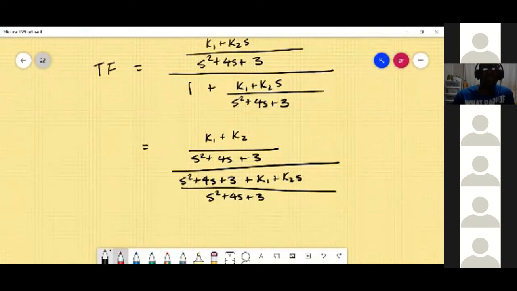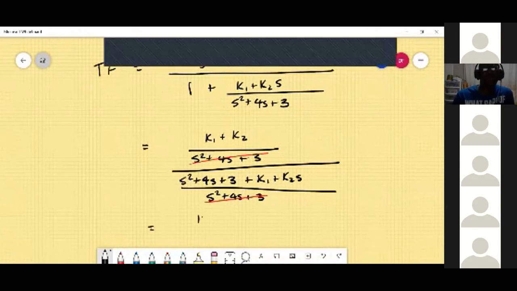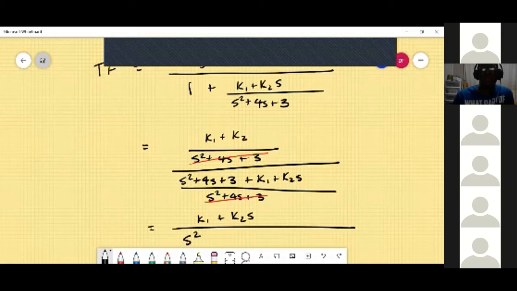So these cancel, and our transfer function is K1 plus K2S over S squared, and then we're going to put K1 and K2, so that is K2S plus 4S, so that is 4 plus K2S, and then 3 plus K1.